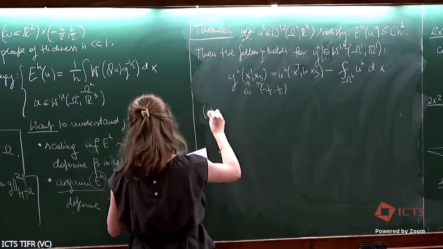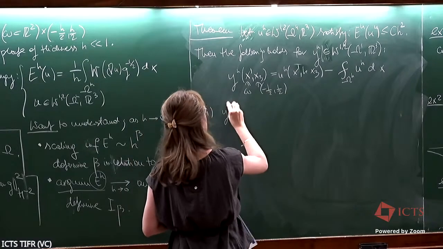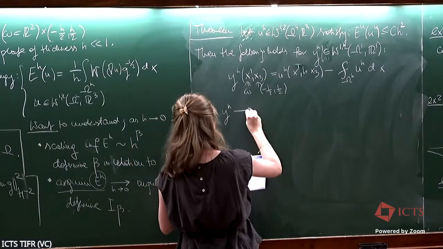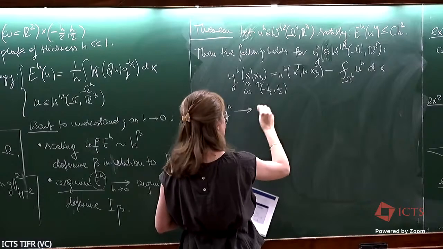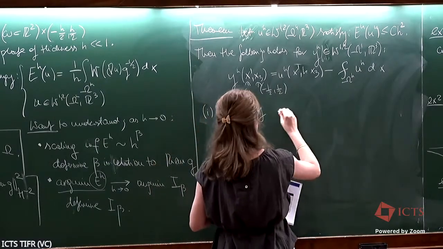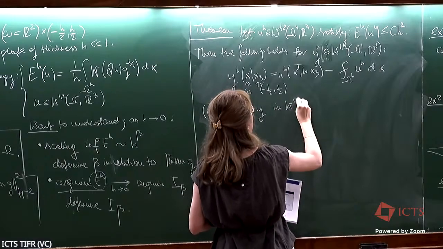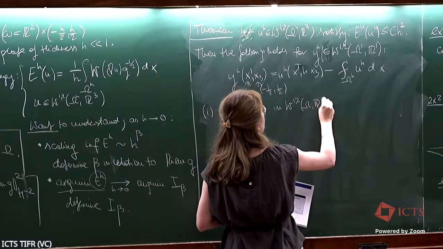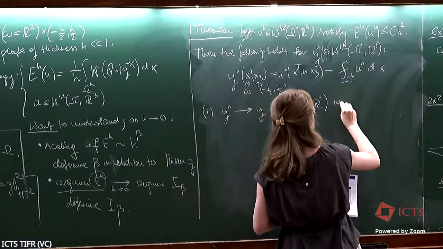Property 1: the y^h converge to something, up to a subsequence, in W^{1,2} from Omega_1 to R^3.